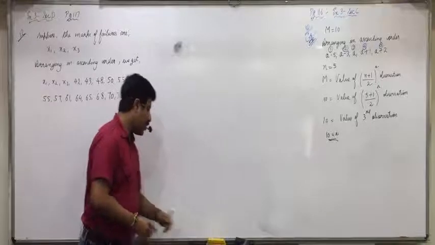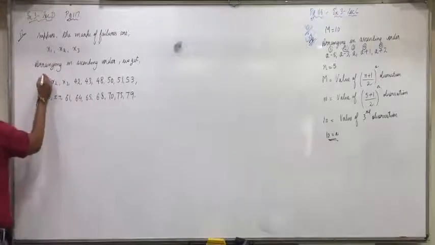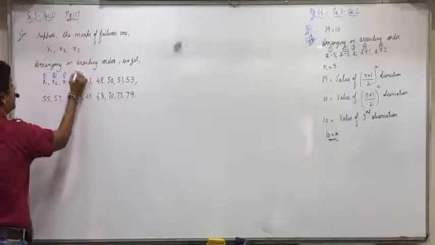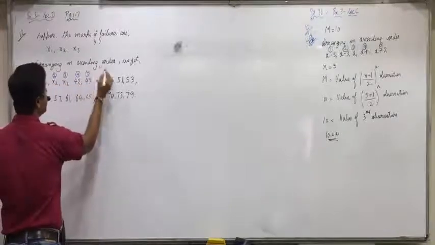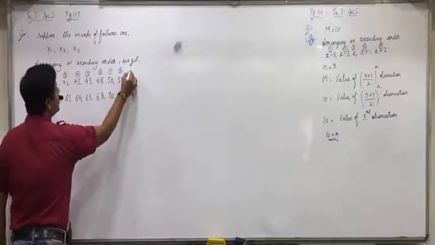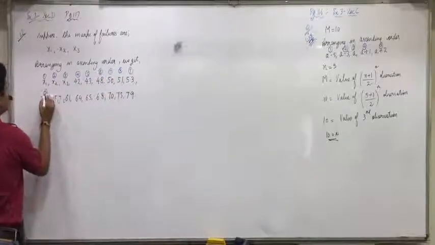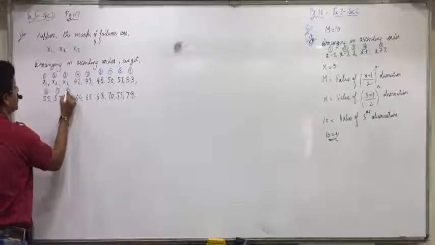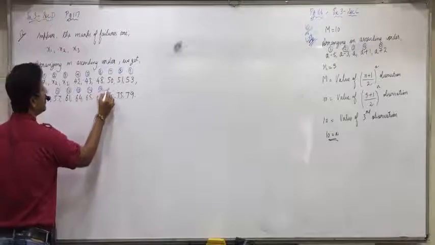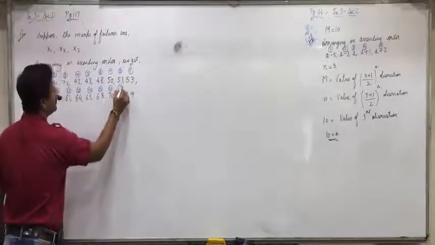Now, first is x1, second is x2, third is x3, fourth is 42, fifth is 43, sixth, seventh, eighth, ninth, 10th, 11th, 12th, 13th, 14th, 15th, 16th, 17th and 18th.